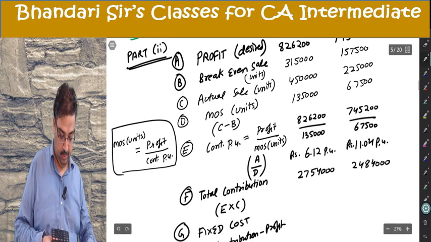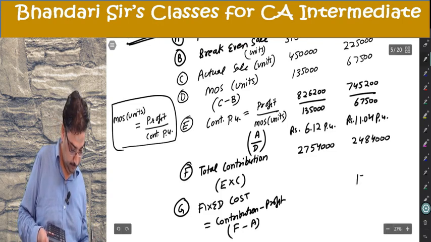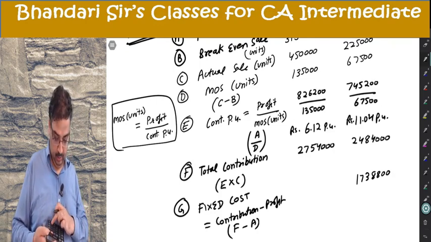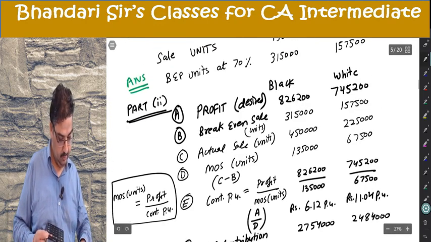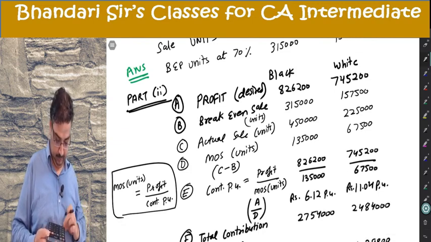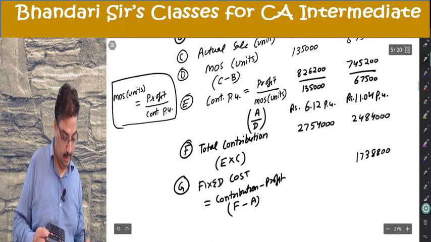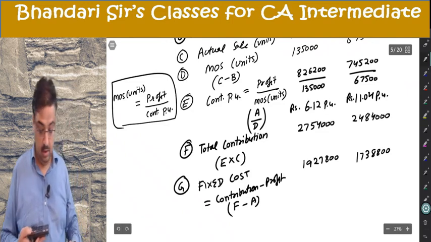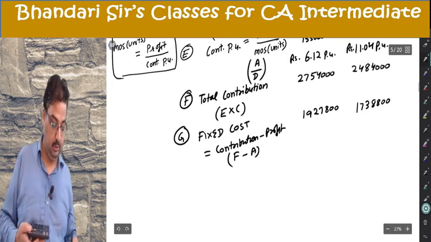For second product, it is 173,8800. For first product, 2754,000 minus 826,200. I'm getting 19,27,800.